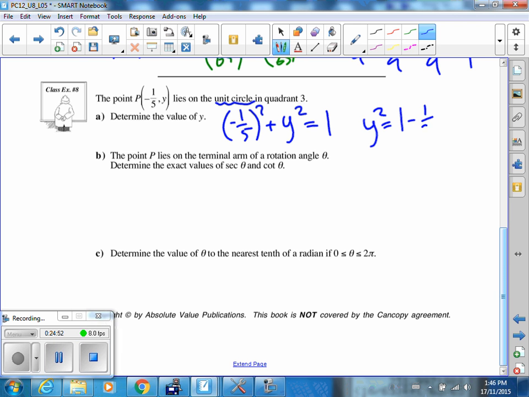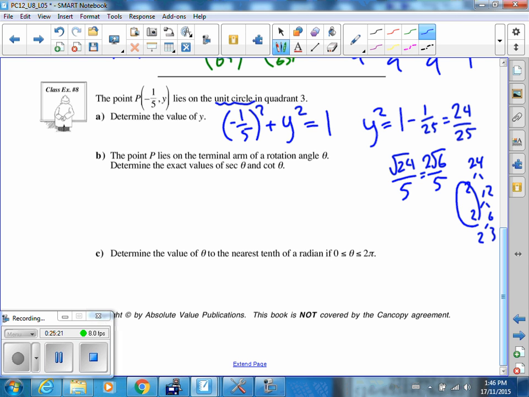So minus 1/25, 24/25ths. Determine the exact values of y. Okay, so my exact values are going to be root 24 over 5, root 24 by breaking it out to 12, to 6, to 3. So it's going to be 2 root 6.